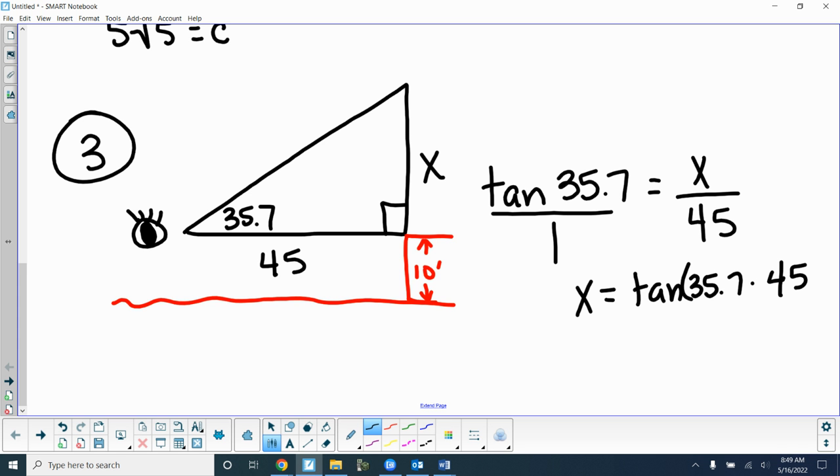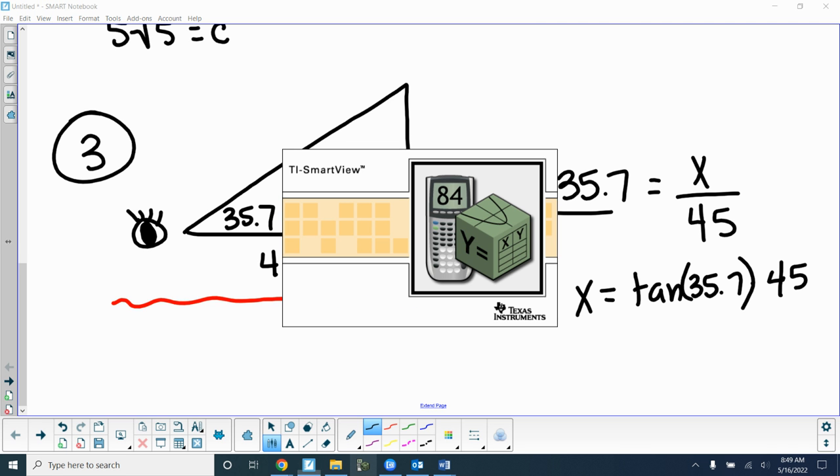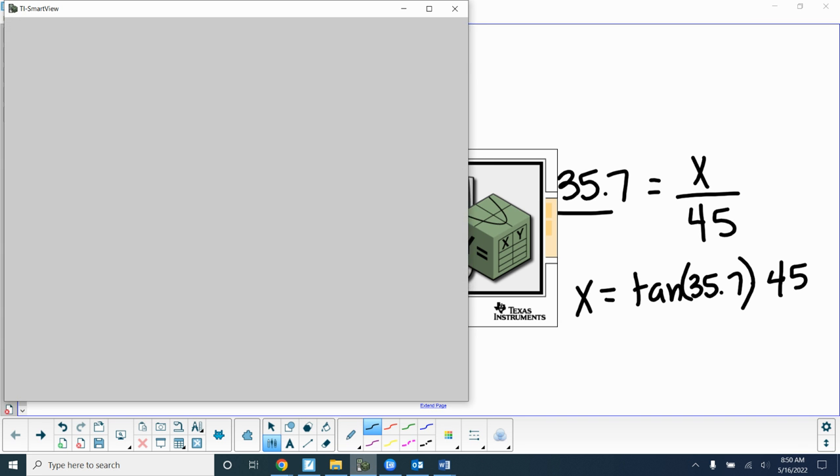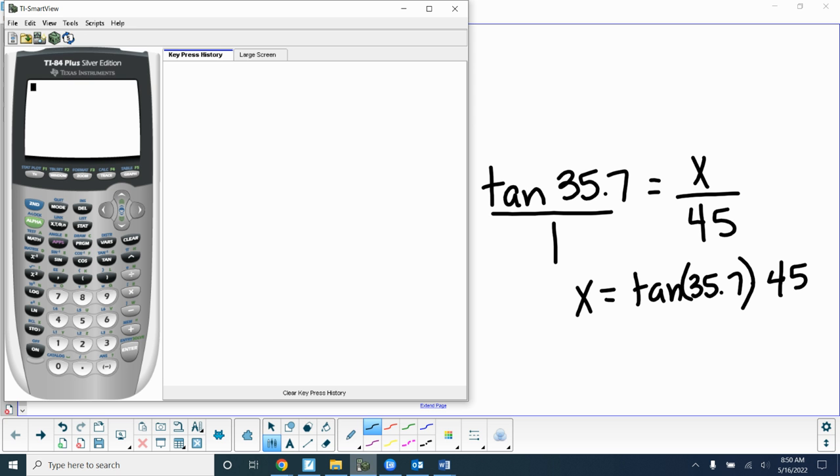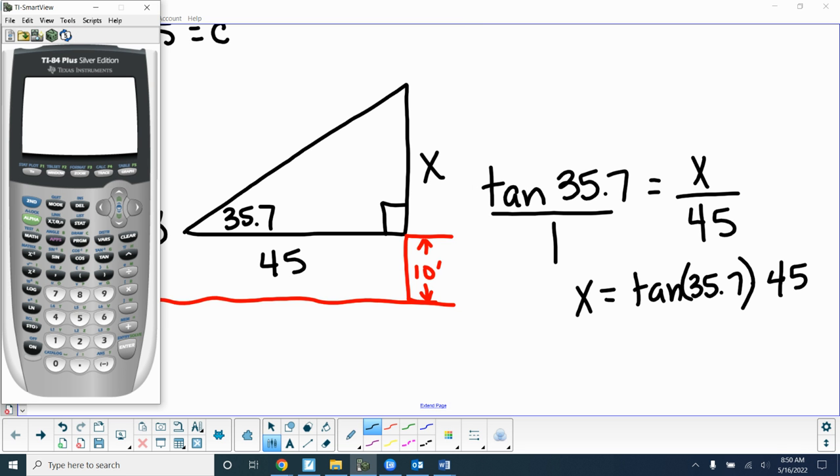And when you put tangent in your calculator, it gives you the left parenthesis. So close your parenthesis off, right? You've got to make sure you're in degree mode, or you won't get the right answer. I'm going to check my mode, make sure degrees is highlighted.